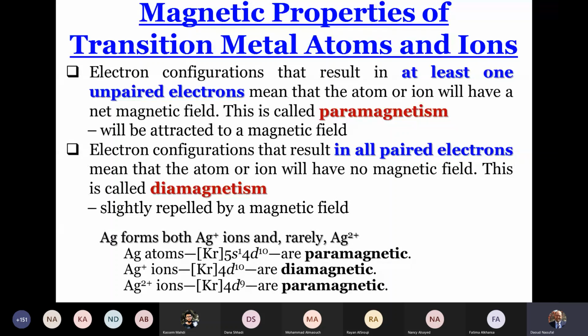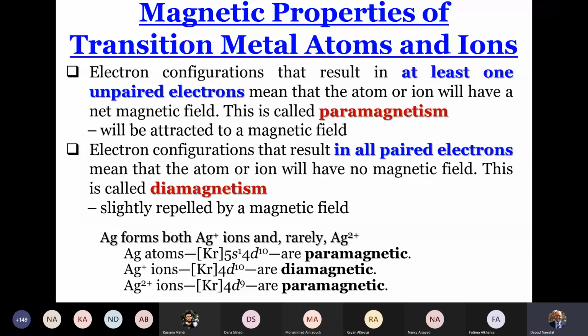We use rule 2: X and X minus have the same Z, so we compare the number of protons per one valence electron, and we proved that the attraction in X is greater than the attraction in X minus, so the radius of the atom is less than the radius of the corresponding anion.